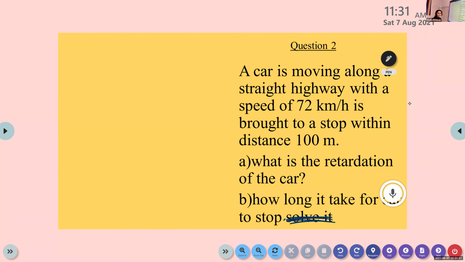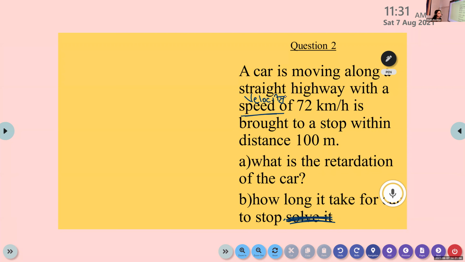Actually, in physics, the terms speed and velocity are used to the same extent. So here by the term speed, they are indicating the velocity of the car.